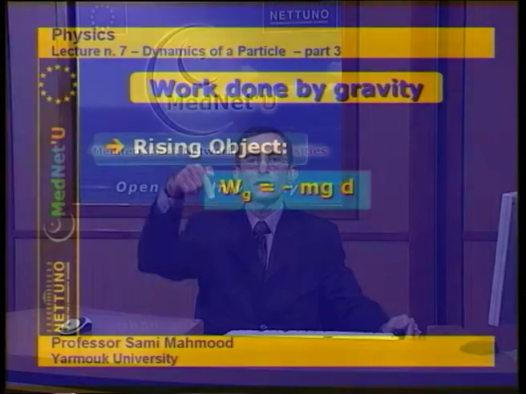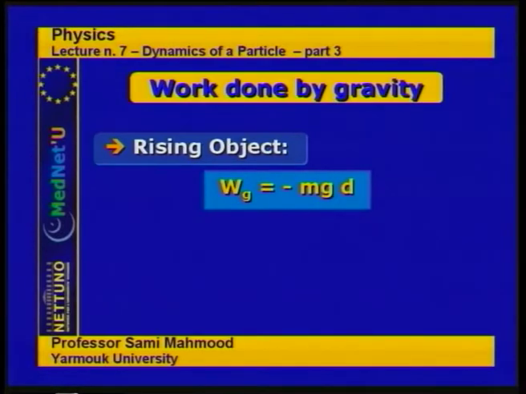The force, which is the gravitational force, is pointing downward, and since the object is going up, the displacement is upward. That means the angle between the force and the displacement is 180 degrees. And cosine 180 degrees is -1. And thus, the work done by gravity as the object is going up is simply minus m times g times d, where d is the upward displacement of the object.